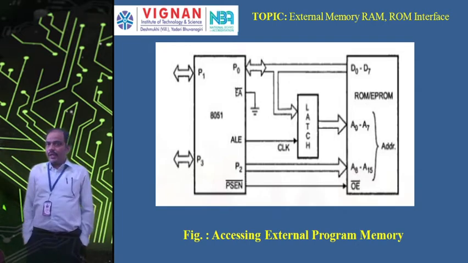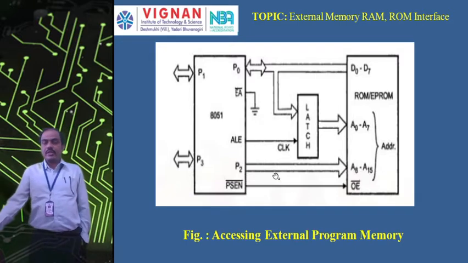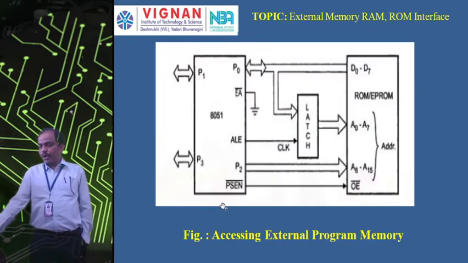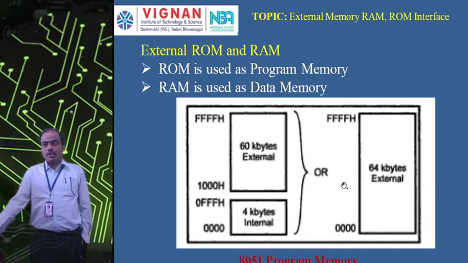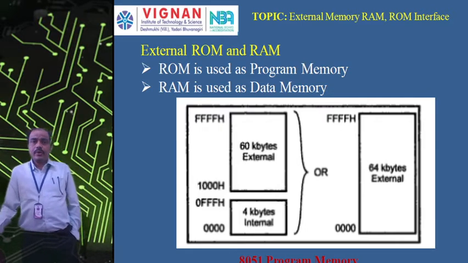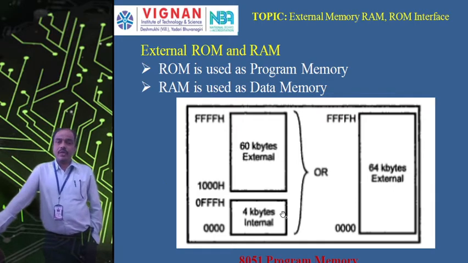When EA bar is connected to VCC, the program fetches the addresses from 0000 to 0FFFH from internal ROM, and program fetches from addresses 1000H to FFFFH from external ROM.